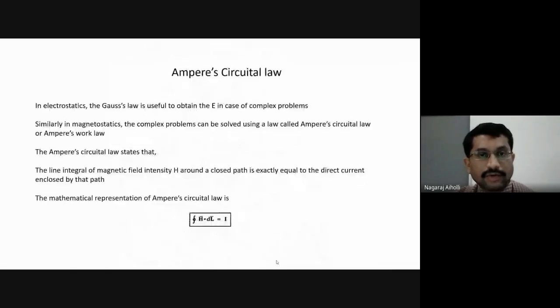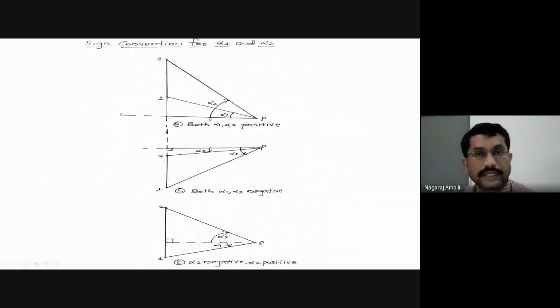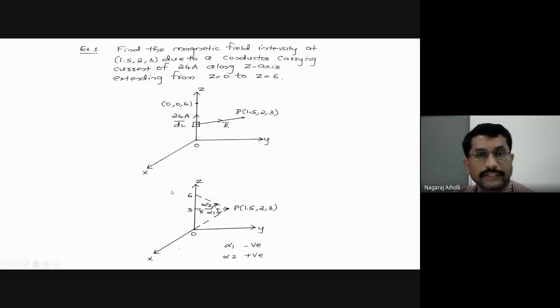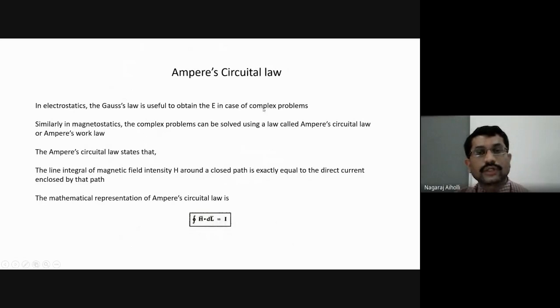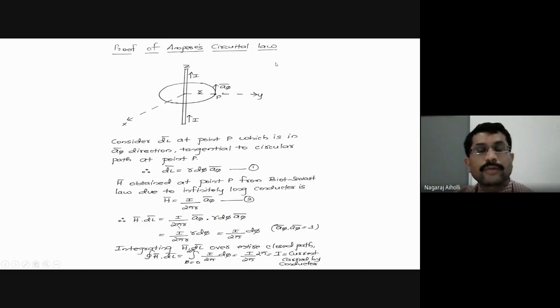In today's class, we have discussed the sign convention for alpha 1 and alpha 2 for the derivation that we did in the previous class using Biot-Savart law. Then accordingly, we have solved one example on that to find the magnetic field intensity at the given point. We have used the dot operator table and Ampere's circuital law. We have defined Ampere's circuital law. What is the Ampere's circuital law definition? The mathematical representation of Ampere's circuital law is the closed line integral of H bar dot dl bar is equal to I, and the proof of Ampere's circuital law.